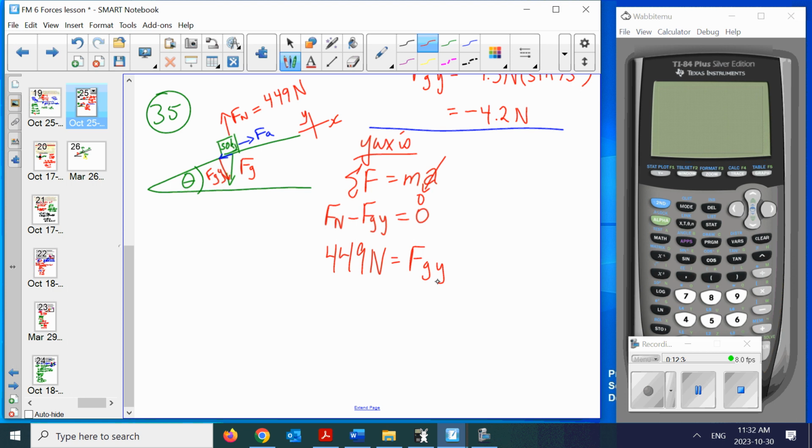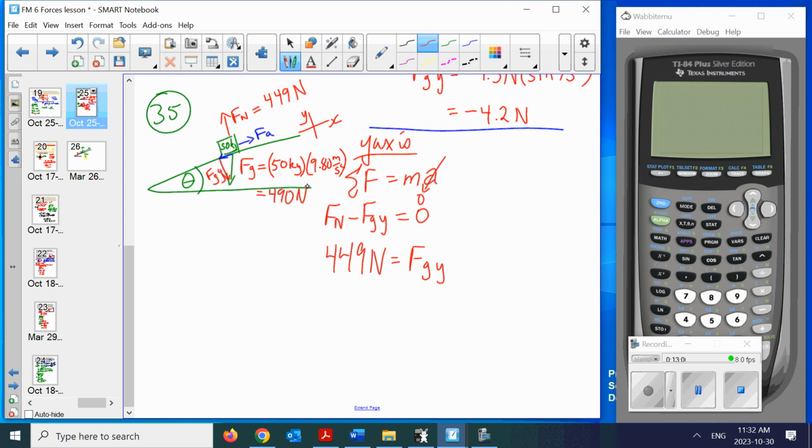Almost there. I'm going to have to do something, though. First of all, the weight force itself, without worry about whether it's X or Y, is mg. In this case, 50 kilograms times 9.8 is 490.